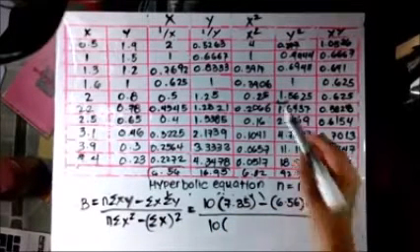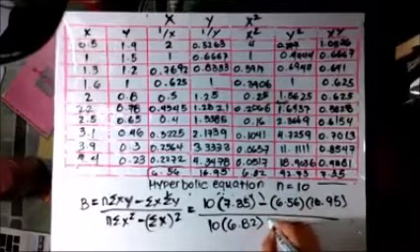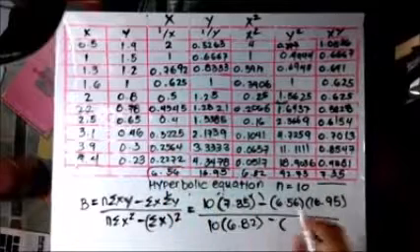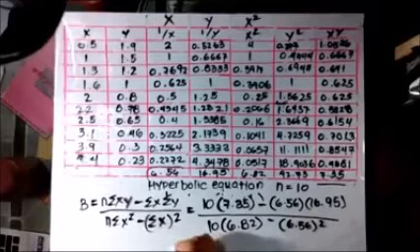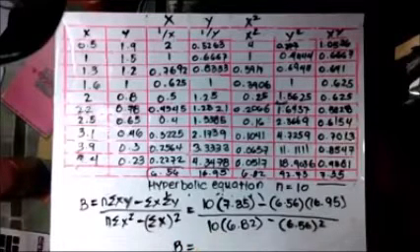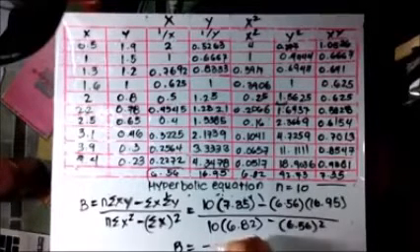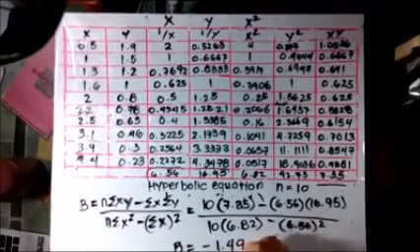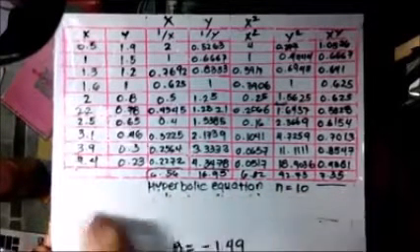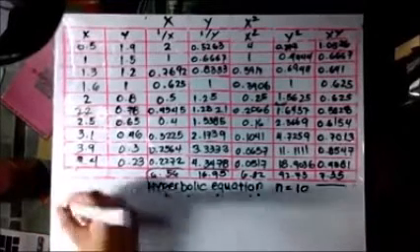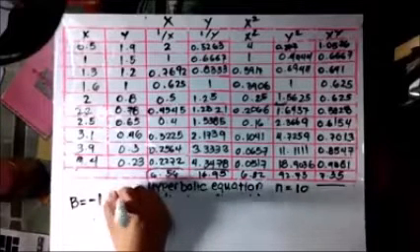Then summation of x squared, which is equal to 6.82, minus summation of x, 6.56, then squared. We can get the value of b, which is equal to negative 1.49. So we now have the value of b.